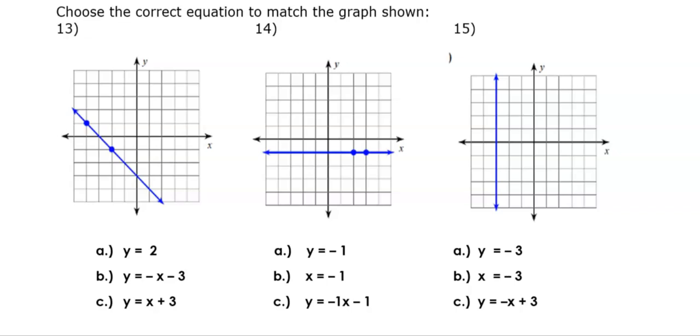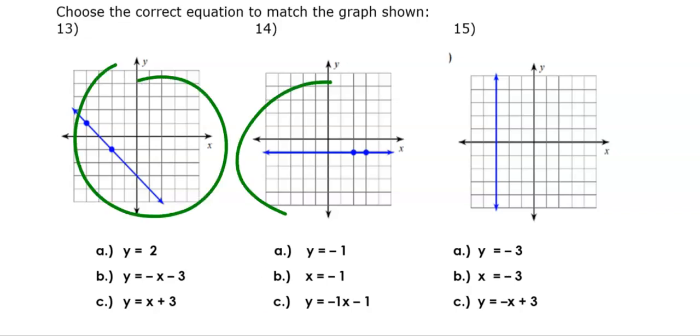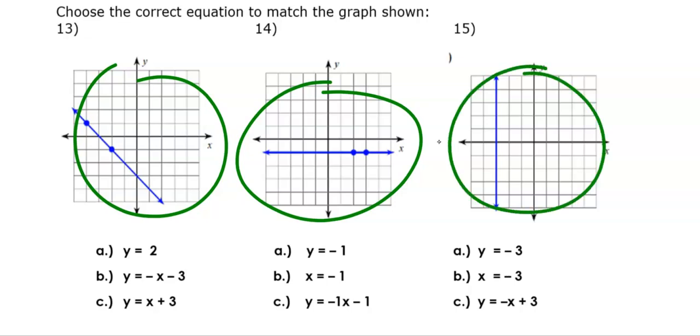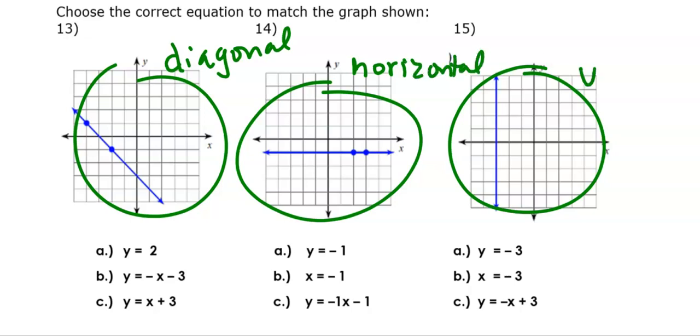Next section asks you to match the equation with the graph shown. Now you'll notice we have three different types of graphs here. One that is diagonal, and two that are special, either horizontal or this one, which is vertical.